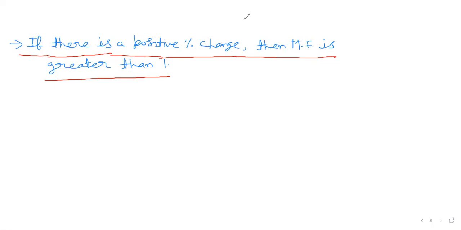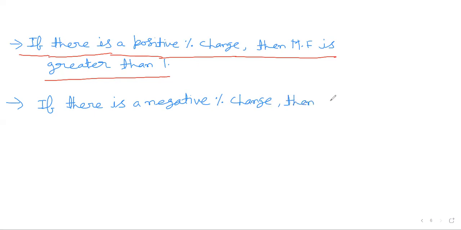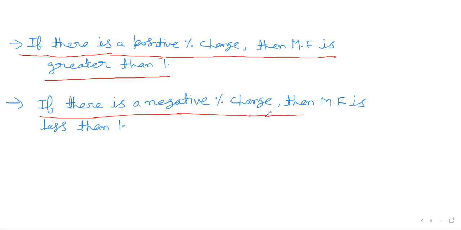Okay, so always keep in mind that if there is a positive percentage change, then the multiplication factor is greater than 1, and if there is a negative percentage change, then the multiplication factor is less than 1.